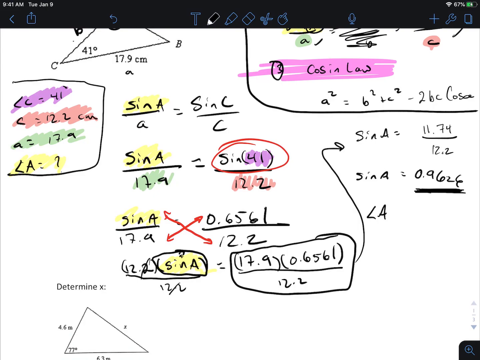Okay? So I'm going to go 0.96626, which is pretty close to 74 degrees.